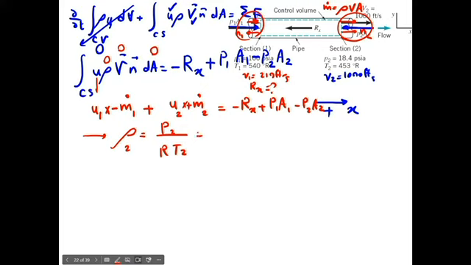If you do that, you will find rho to be 0.297 slug per cubic foot. Ideal gas law, you don't have rho, you don't have density, you need to find that. And pressure and T are here for you. You know the R as well based on the tables, 287 if I'm right.